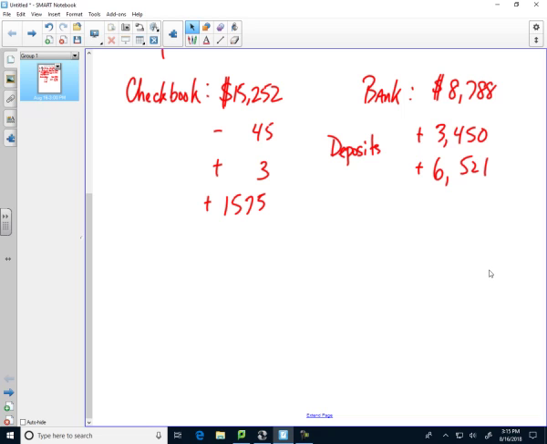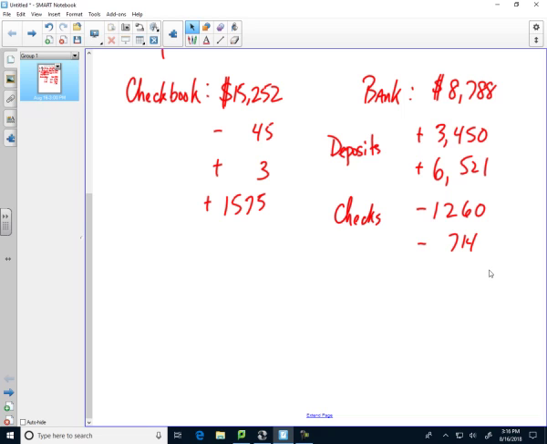All right, outstanding checks, $1,260 and $714. I assume when we wrote these checks, we put that in our checkbook register. So which side doesn't know about that? The bank. So we need to write those over here, don't we? $1,260 and $714, and those are going to be minuses. So these are checks.